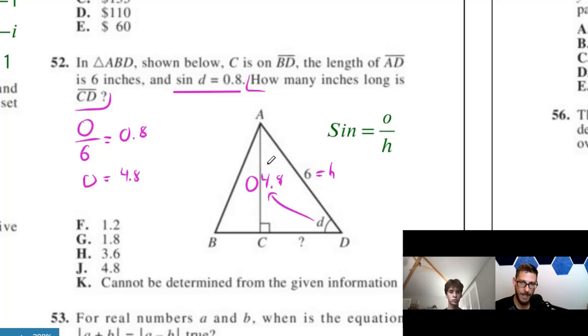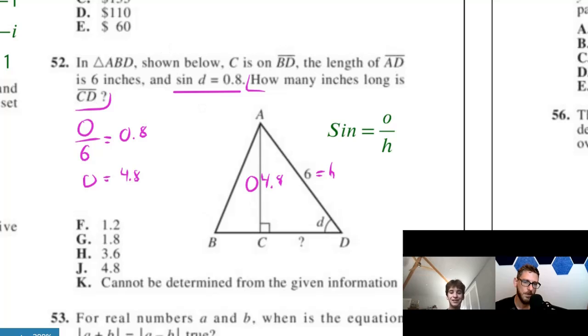So if we know 4.8 is AC, then how do we find CD, the side we're actually interested in? You could do something. So what would it be? Sine.